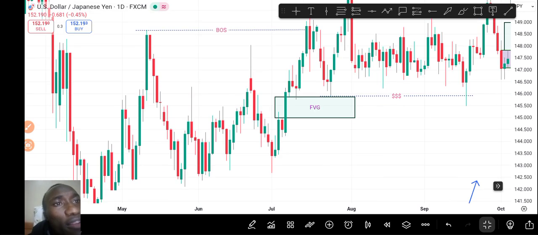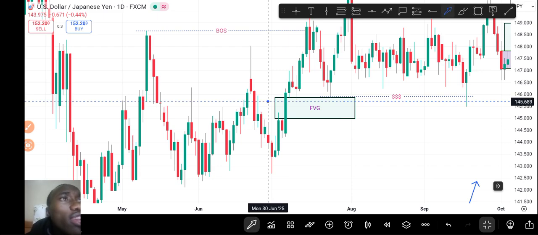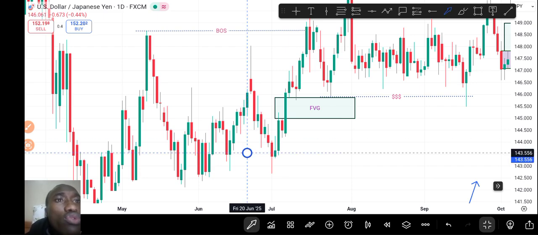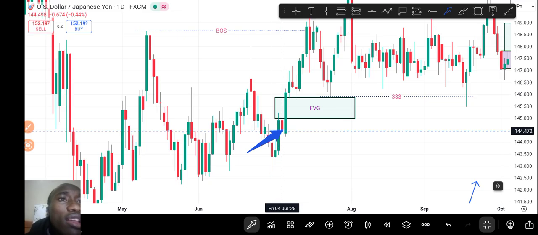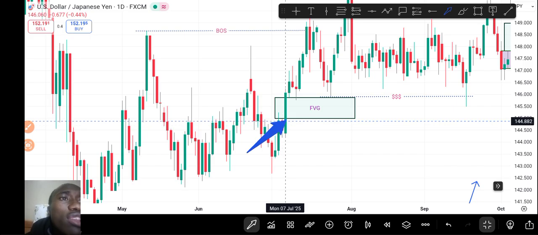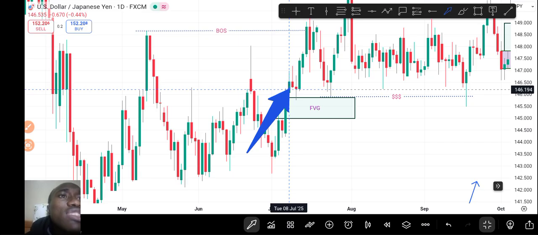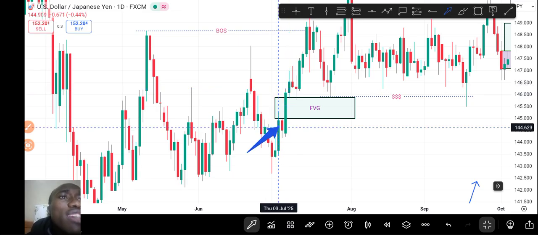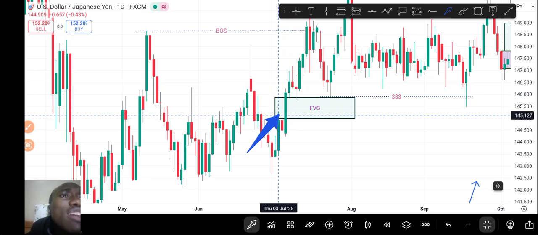If you can see this candle here, this red bearish candle, this is our first candle, and then this green one is our second candle, and this one is our third candle. Between the first candle and the third candle, there is some gap.